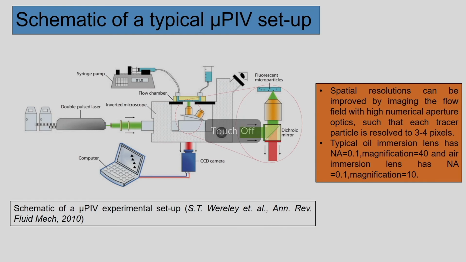So this is a schematic of a typical micro PIV setup, that is very important to know, at least because we are studying PIV and again micro PIV, and what are the different components we have discussed. Today I was thinking at least to show a typical schematic setup where we can see the different components which are integrated with this measurement method, and of course then we will try to discuss briefly their function.